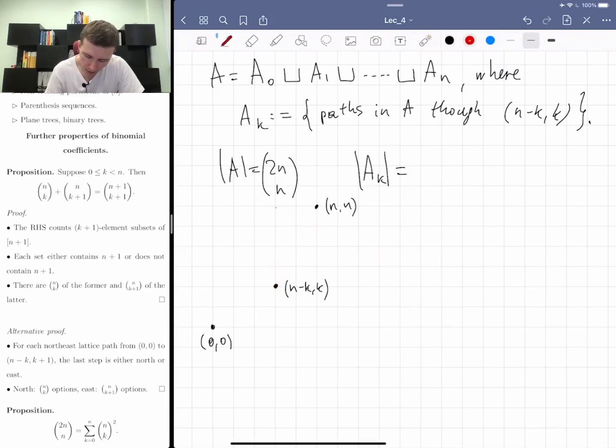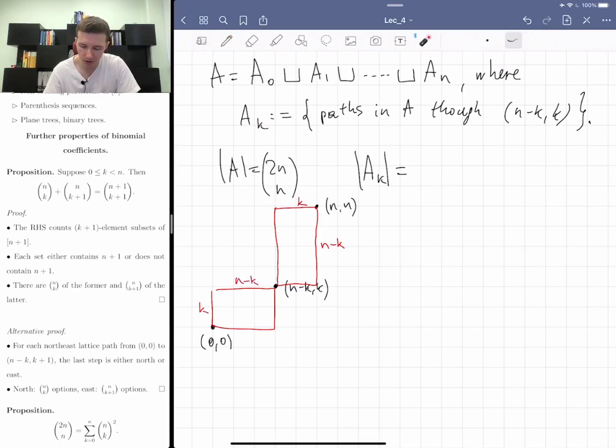This rectangle here has vertical size n minus k and horizontal size k, so it's a k by n minus k rectangle. And this rectangle has vertical size k and horizontal size n minus k.